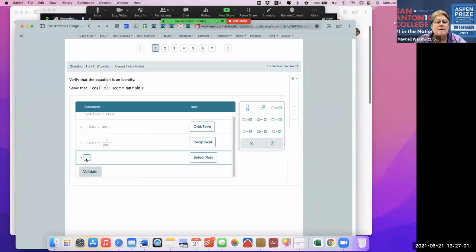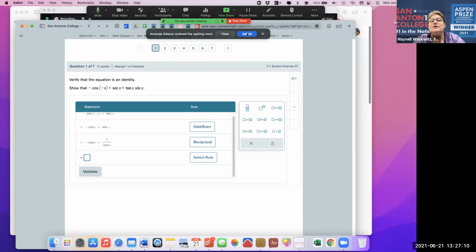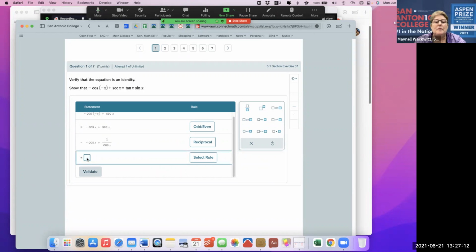Validate, it liked it. Now I'm going to do algebra, and I can do as much algebra as I want in one step. It allows you to do that, but it only allows you to do one thing at a time in trig. So what is the first thing I want to do? 2 things.